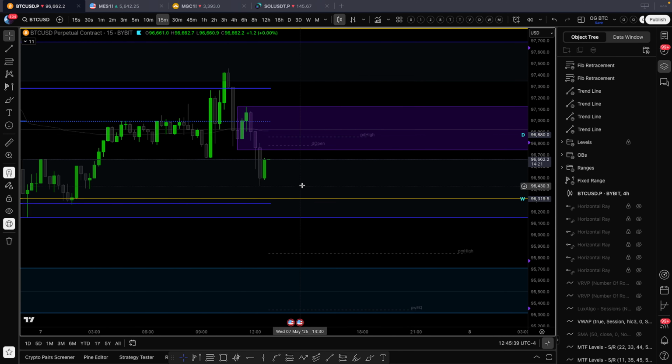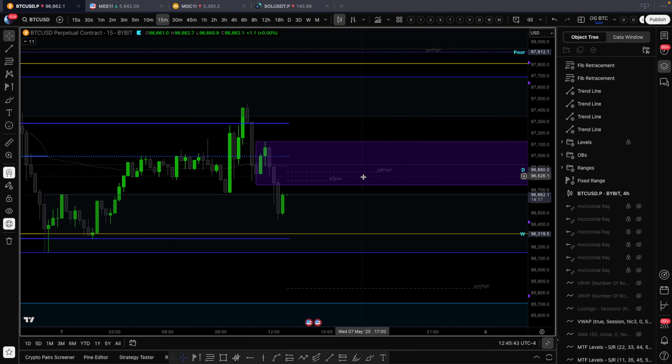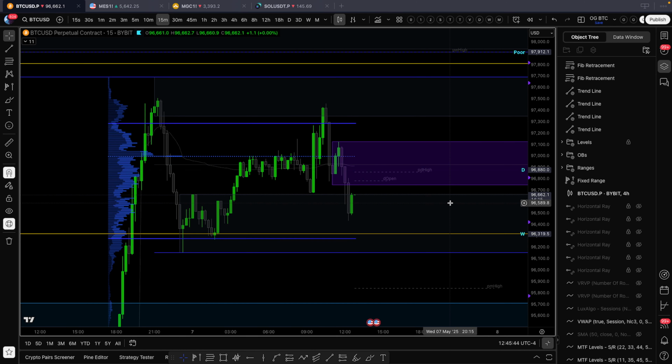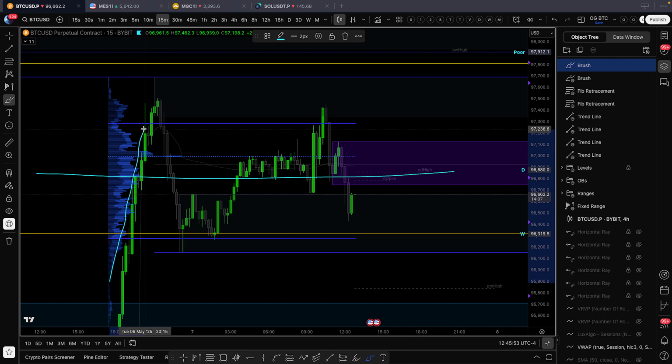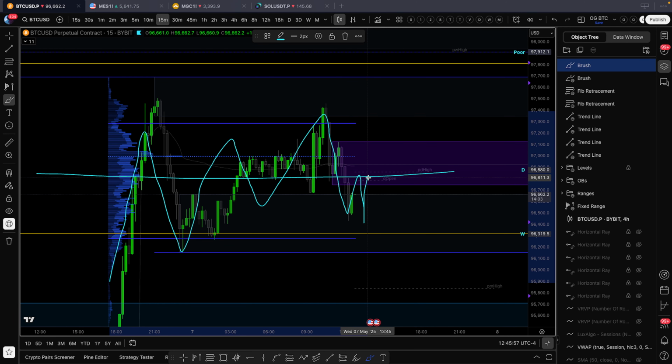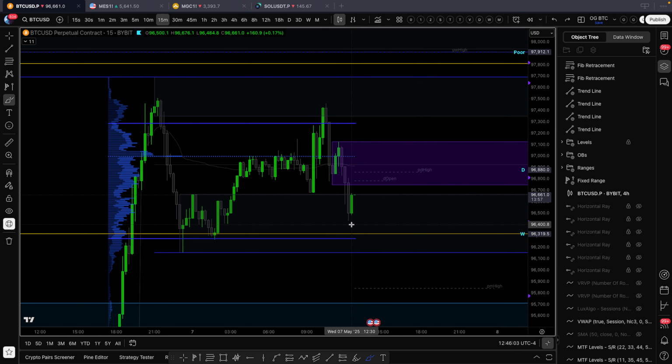But we also have that strong daily level right here along with the PD high. We all know previous day lows and previous day highs. If this is your previous day high, you're always going to see price play around here, try to fake people out. And will it come back into value or will it bust away from value? So these are several things to watch.